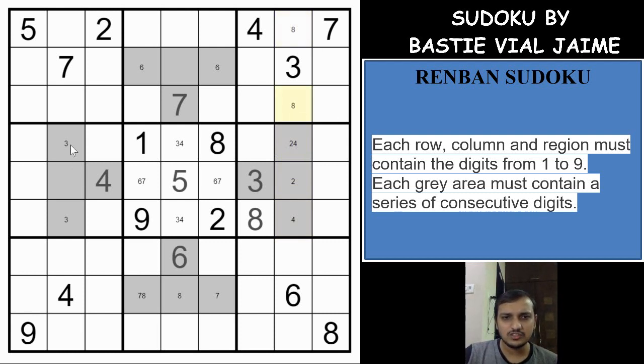Again, if you see this region, you cannot have an 8 here, because 3, 4, 5, 6, 7, 8, there are 6 numbers in this region, which is not possible. It means that we have eliminated 8 from these 3 cells also, which gets you an 8 here by the classic rules.